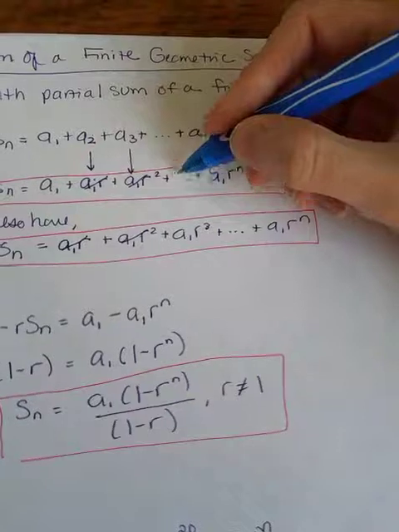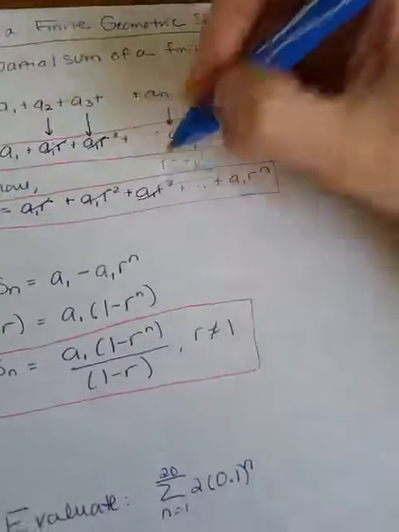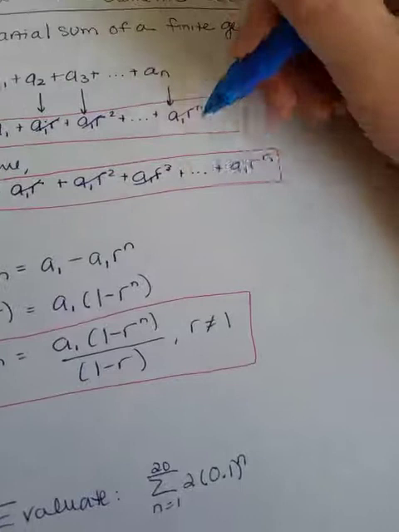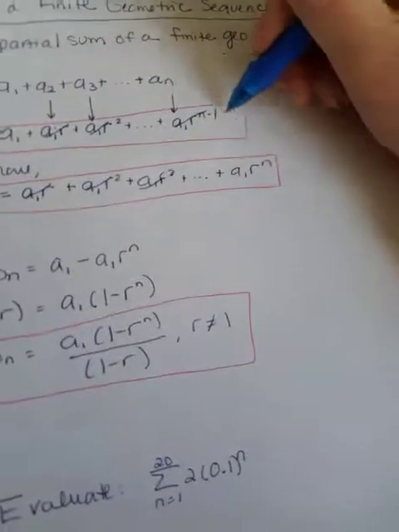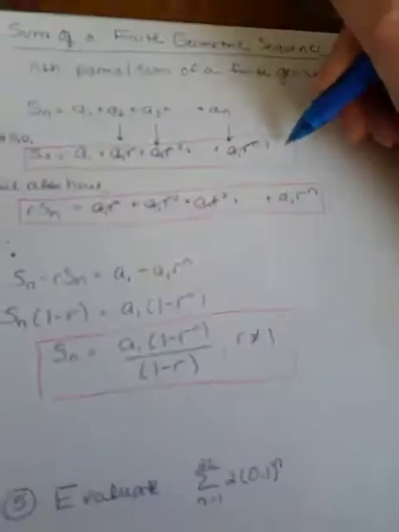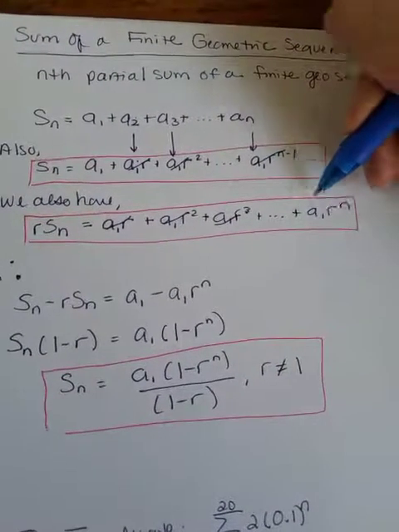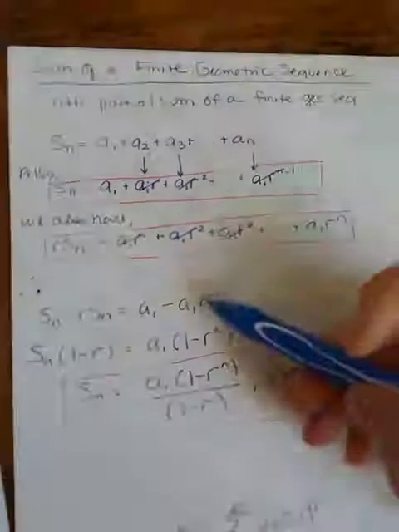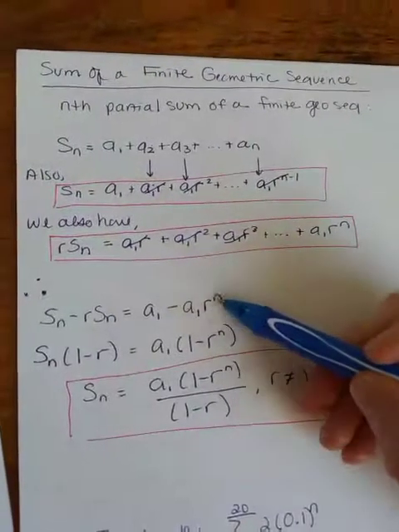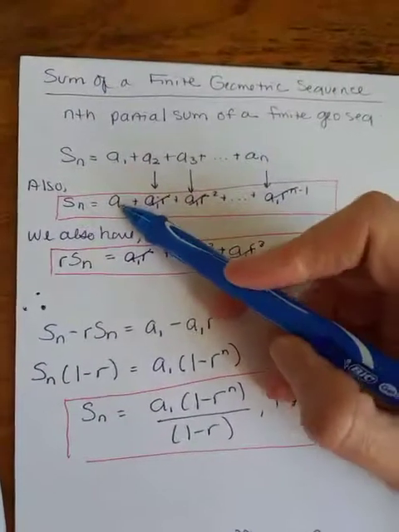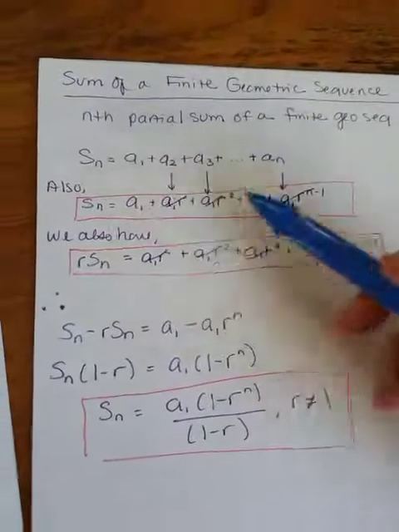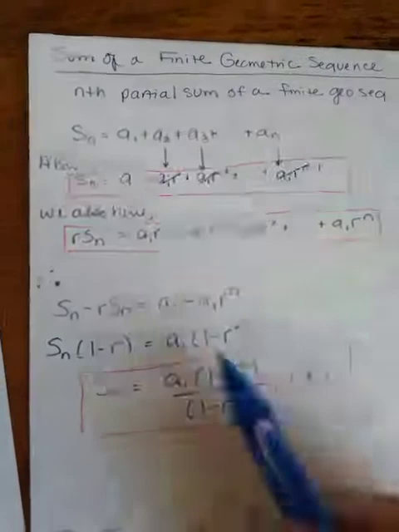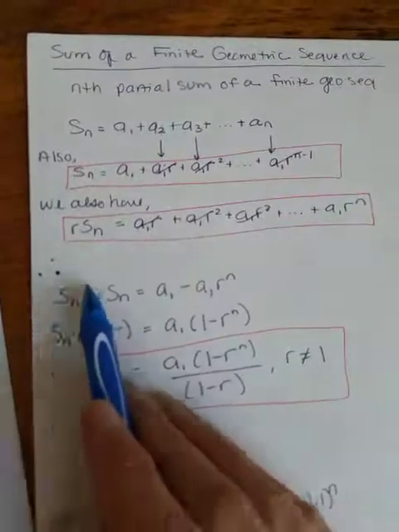And there's an a sub 1 r cubed up here, which would cross out with this one. And your a sub 1 r to the power of n minus 1, that would be right here. So those would cross out. But up here, in the regular old S sub n equation, you don't have just an a sub 1 r to the n. So really, you end up with negative a sub 1 r to the n right here. So everything cancels out except the first term in S sub n and the last term in r S sub n. So that's what happened. That's where this came from.